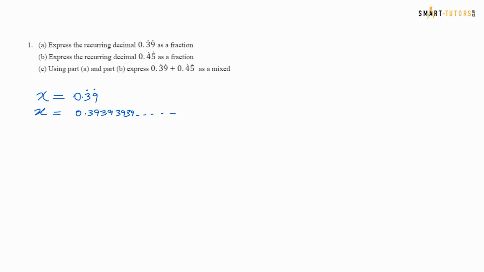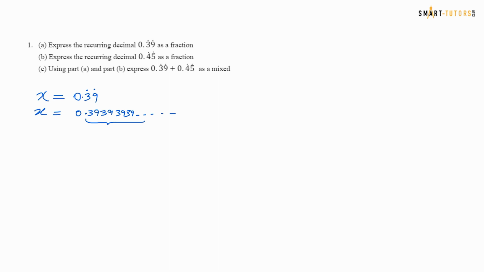Now, what you want to do is multiply this by 10 or 100 or 1000, making sure the decimal part comes out as the same number, 39, 39, 39, so repeating. If you times by 10, 10x equals, the decimal will move one jump, so that becomes 3.939393.